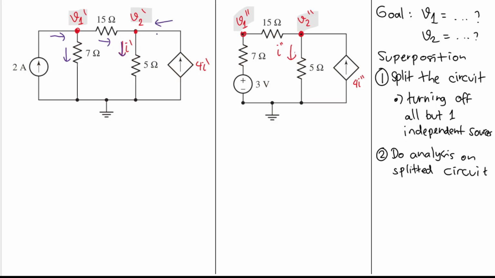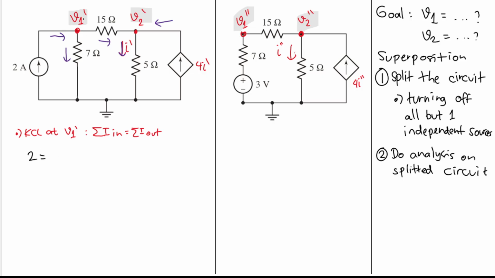I assume you already know how to do nodal analysis, so let's do KCL at V1 prime. KCL says that the sum of the current that goes in will equal the sum of the current that goes out, right? The only current that goes in is this 2 ampere, so we'll have 2.